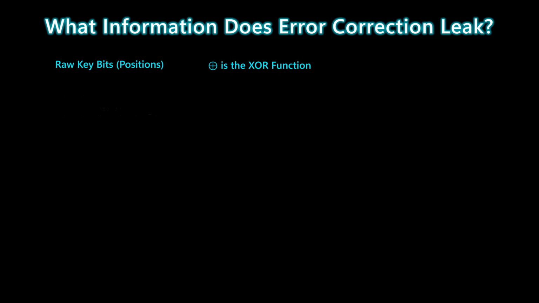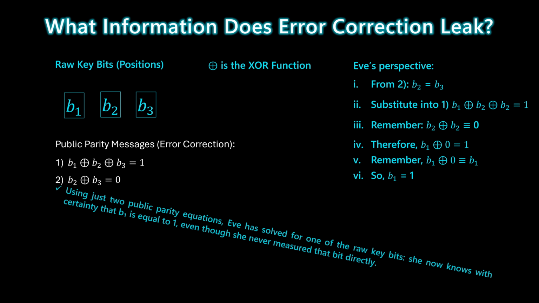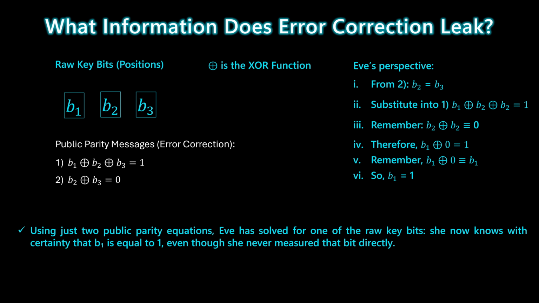In this depiction, we look at how the error correction stage of the protocol leaks information about the raw key. On the left, we have 3 positions from the key, labeled B1, B2, and B3. These are simply bits in the order they appear before privacy amplification.